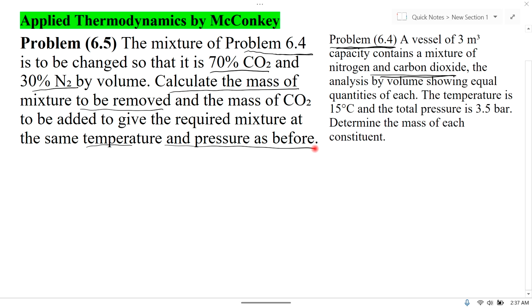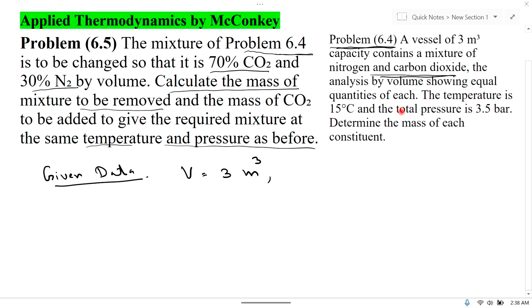So in the given data, we will use the given data from problem 6.4. In 6.4, the volume given to us is 3 cubic meter, containing a mixture of nitrogen and carbon dioxide. The analysis by volume gives equal quantity of each.